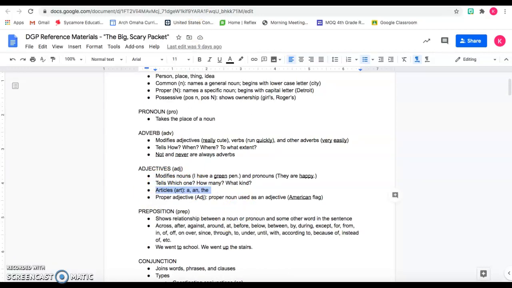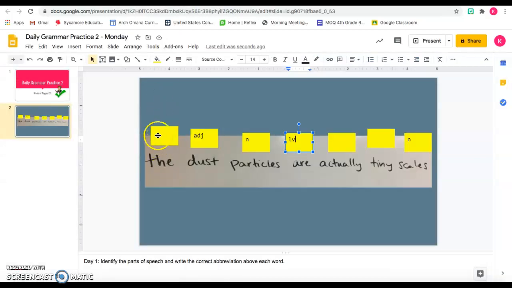The word the will come up very, very often, just generally in the English language when we're writing and speaking. It will also come up a ton in DGP. So commit to memory right now that the word the is an article which we denote with the letters ART. All right, now we have actually and tiny.